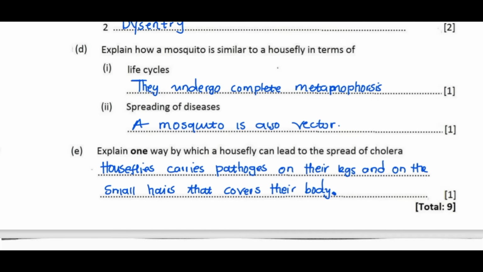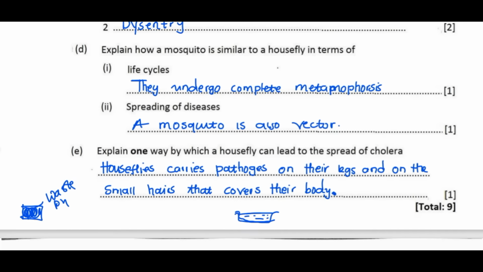So to summarize or to make it simple, we are saying if we have something that is rotten or something that is considered to be a waste product here, and we have a plate maybe of food that is not covered.